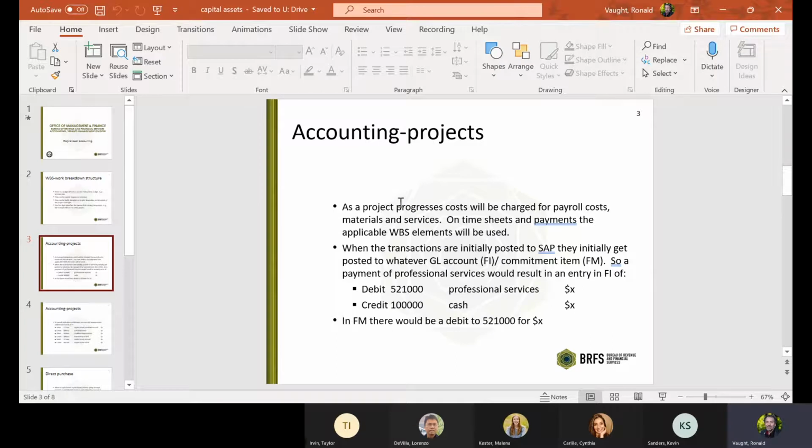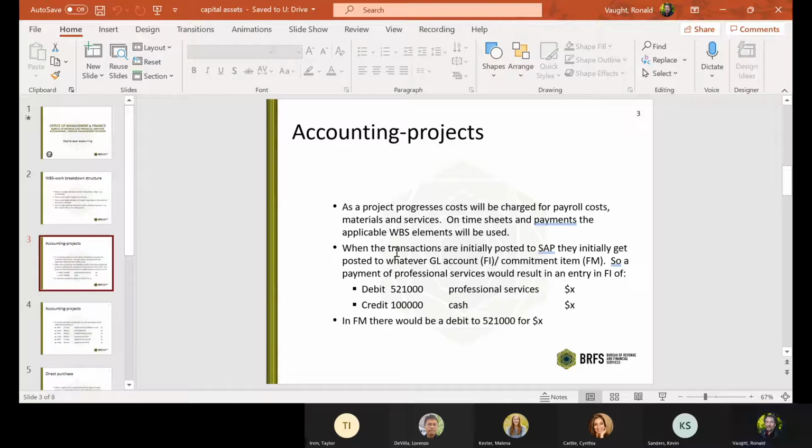So as far as accounting goes for projects, as the project progresses, the costs will be charged for payroll on people's timesheets, and then in accounts payable when they're purchasing materials and services. And they will use those WBS elements when they're recording their time or when they're paying bills.